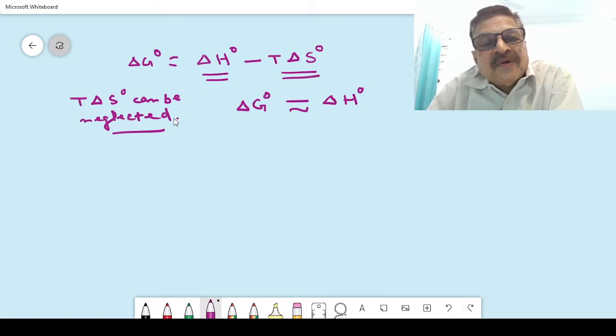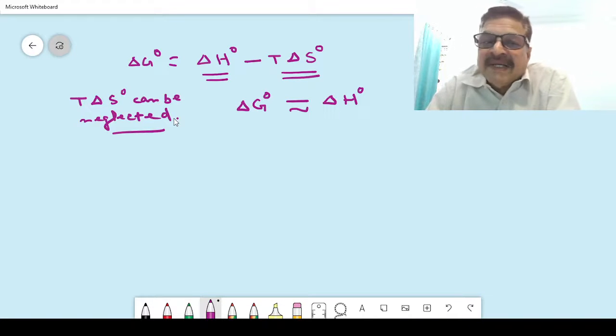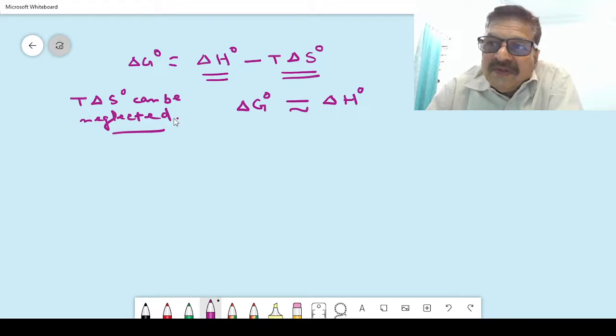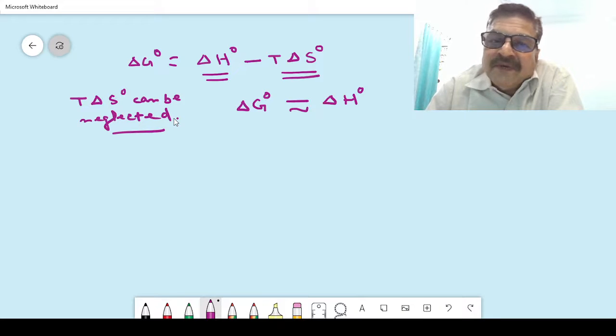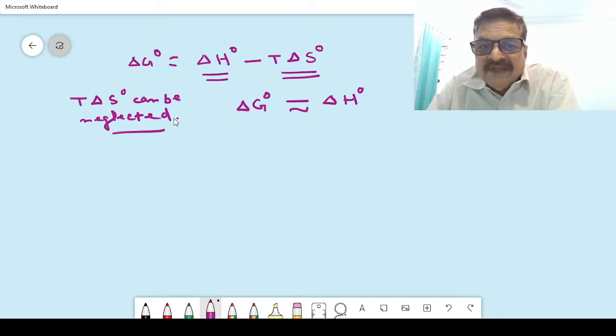Therefore, we can always make an approximation here: the overall free energy change of a reaction is approximately equal to the overall change in the bonding energy only.